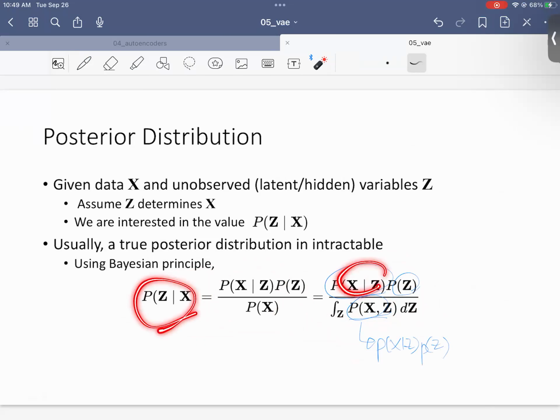All we need to do is figure out the integration. Then we can calculate the equation for P(Z given X), the posterior distribution, which was our end goal from the beginning.